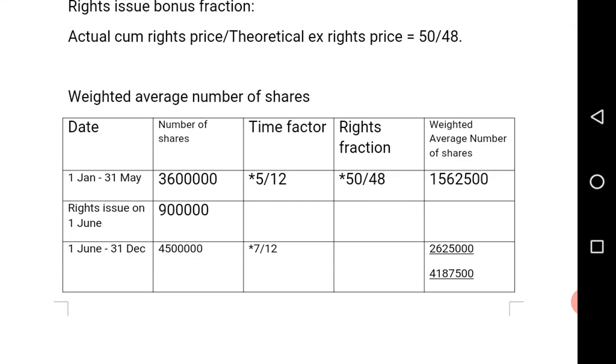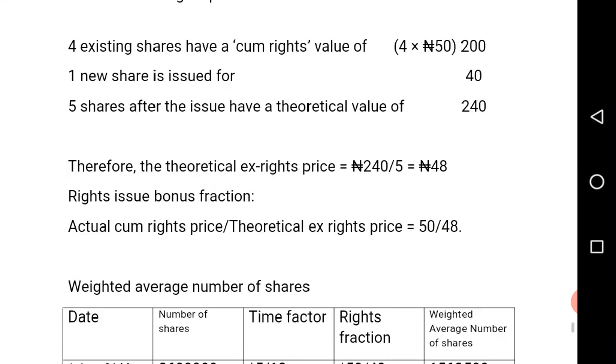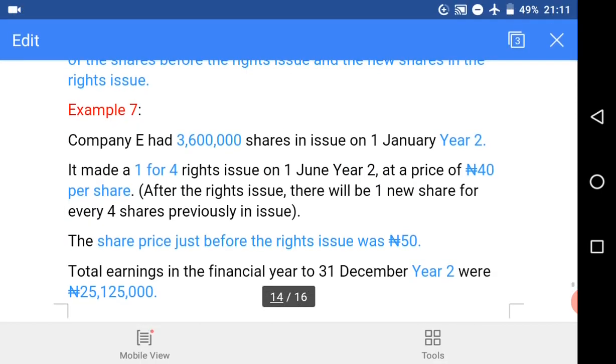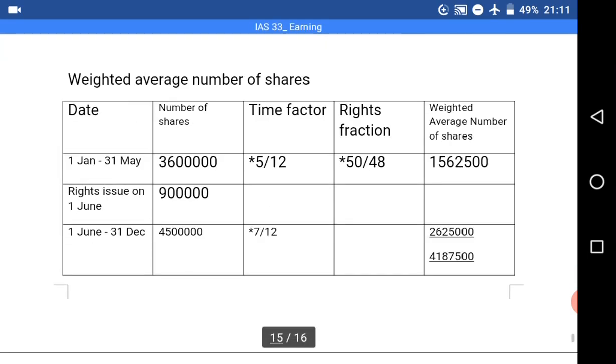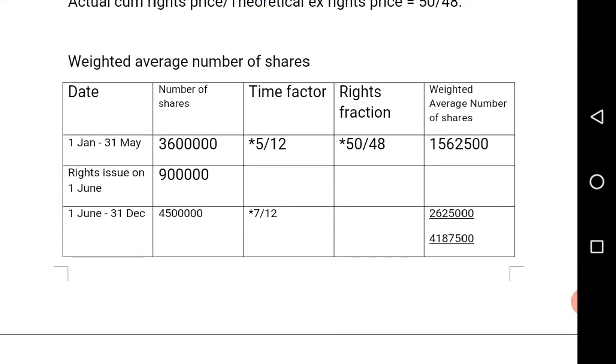So we issued 900,000 new shares, and at 1st June, when we did the 1 for 4 issue, we now have 4.5 million shares, and the balance of the months is 7 divided by 12. Remember, we'll have a total number of months here as 12, 7 plus 5. Then we get the value, 2,625,000 number of shares.